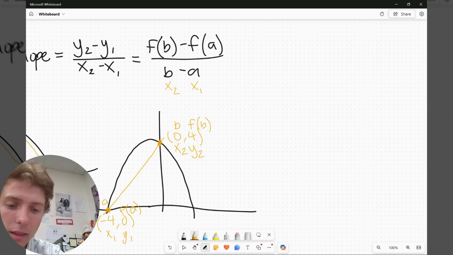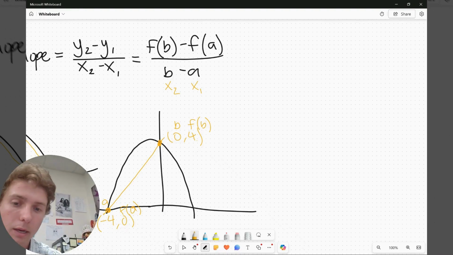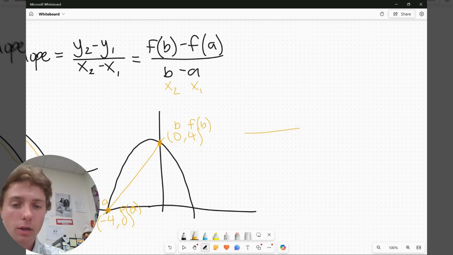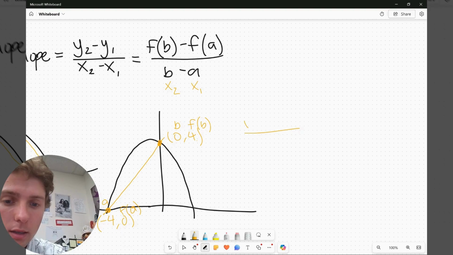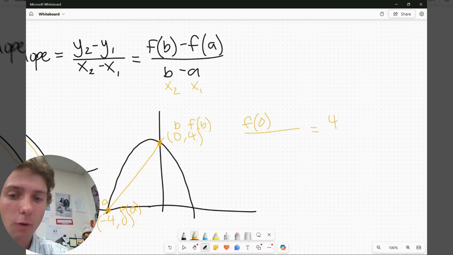Well, knowing that, then I don't really need the x's and the y's. I'm going to use that notation, the function notation we've been talking about, where all I need to do now is just plug into that notation. We take f of b, in other words, the output at the x value b, where that output is 4, but let's set it up completely. So we know that f of 0 is going to give us 4.